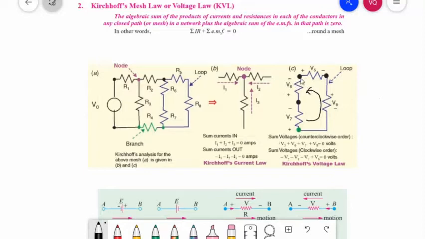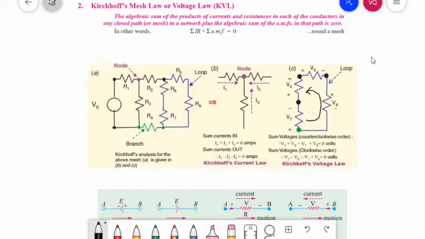Current again enters the negative sign of V6, so you will have a positive V6. Then again negative, so you will have a positive V7, and V8 entering into the negative sign of V8, so that is positive V8 equal to 0.